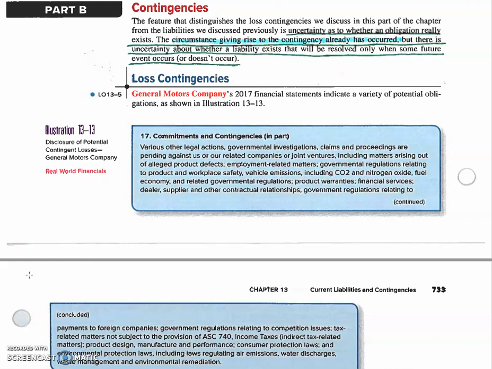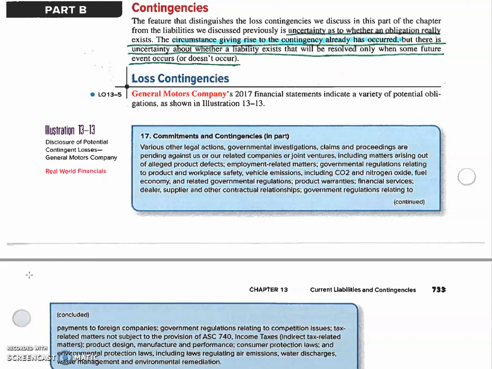Under that case, you have to disclose the contingency, but you do not have to record a liability. Now, let's say that something happened and we know that we are going to be held at fault, or avoiding a lawsuit, getting away from the lawsuit.